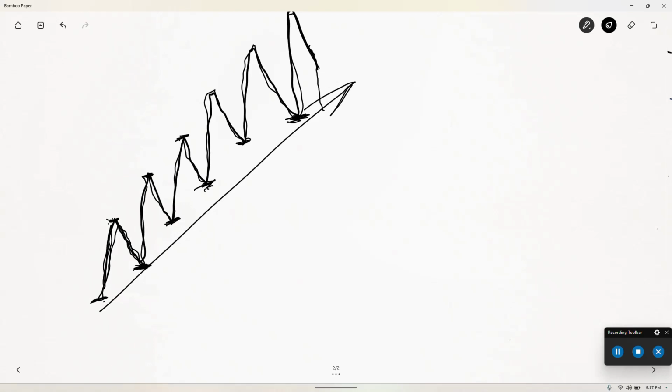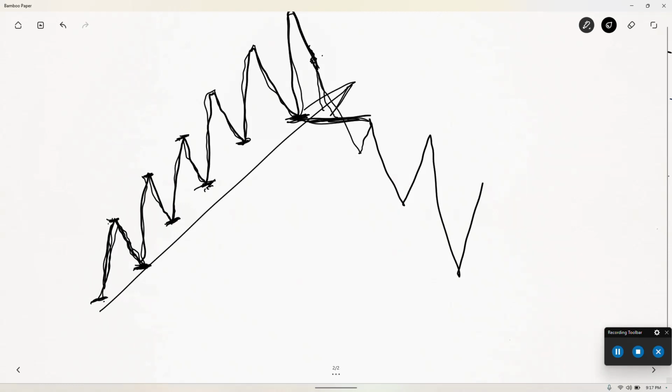It will keep breaking the highs. But anytime that market come and break the low here, just know that something is about to change. You will see something like this. The market will come and break this low and come down here and now start going down. Because of what? Because it has already broken the low.